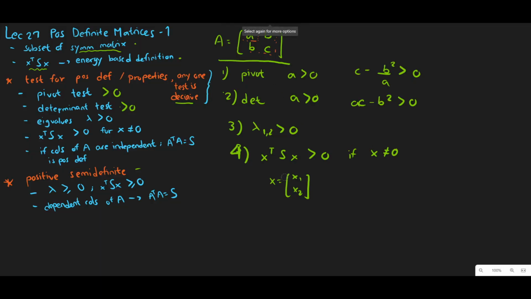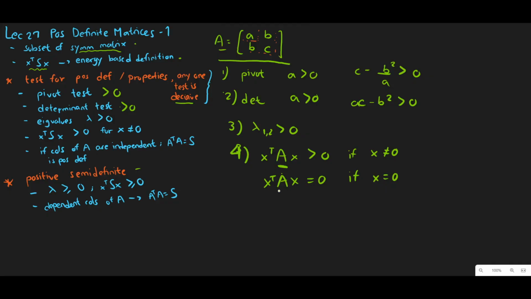So the only case when this is 0 is when x is 0. Any other x, if it's not the zero vector, will give a positive value if A is positive definite.